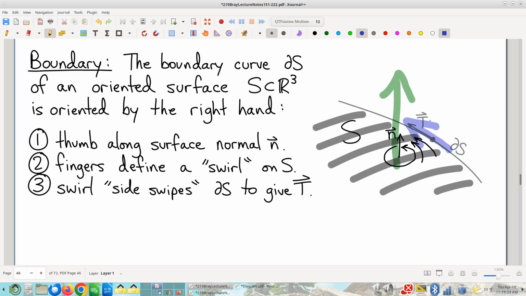If the green is the orientation that was given on the surface, then you play this game, you look at swirls and sideswipes. The resulting blue is what we mean by the boundary orientation. Did I answer your question? Yeah, so this is like the same normal vector that was defined before with the cross product. Oh, yeah. Yes. Both of these are the same normal vectors used in the various kinds of integrals we've talked about.